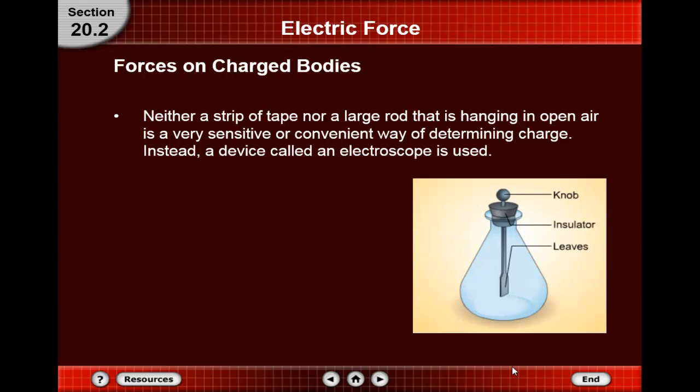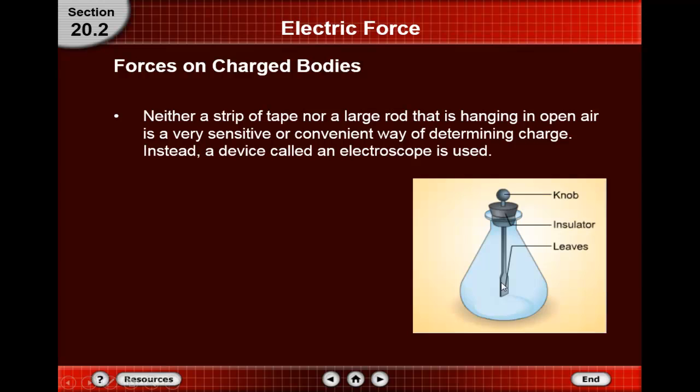Neither a strip of tape nor a large rod hanging in open air is a very sensitive or convenient way of determining charge. A device called an electroscope is used. This is the knob, this is an insulator, and these are the leaves.